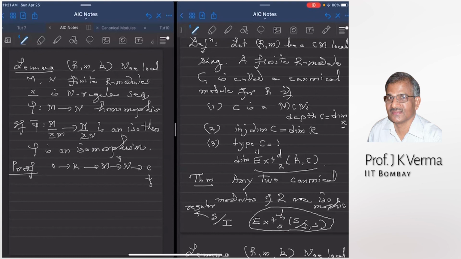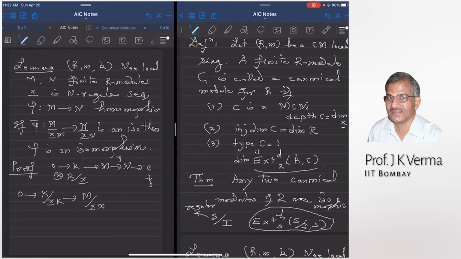We have information on phi bar, which is obtained by tensoring with R mod x bar, and this is a right exact functor. Therefore I get 0 to K mod xK to M mod xM.